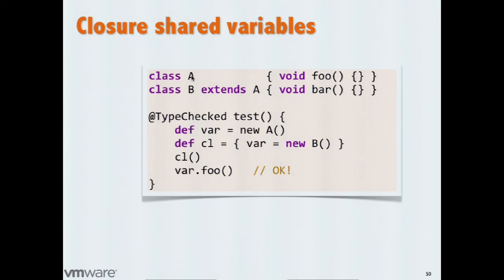Here I have A and B, which extends A. So I create a new variable with an instance of A, and here in the closure it's an instance of B. So whether the closure is executed or not, we know that at least that variable is going to contain an A or a B. But the foo method is available on both A and B. So the compiler is clever enough to figure that out and not complain here.